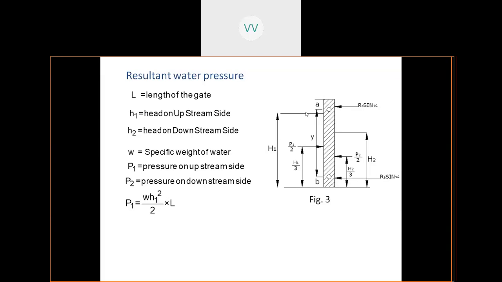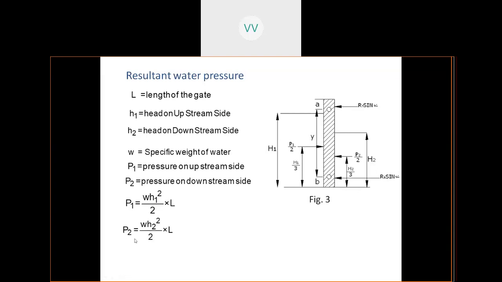So if you take the area of this triangle, that is half of base W1 H1 into height H1. So you get W1 H1 square by 2 into L, it is going to act in the perpendicular direction of the plane, where L is the length in the perpendicular direction.